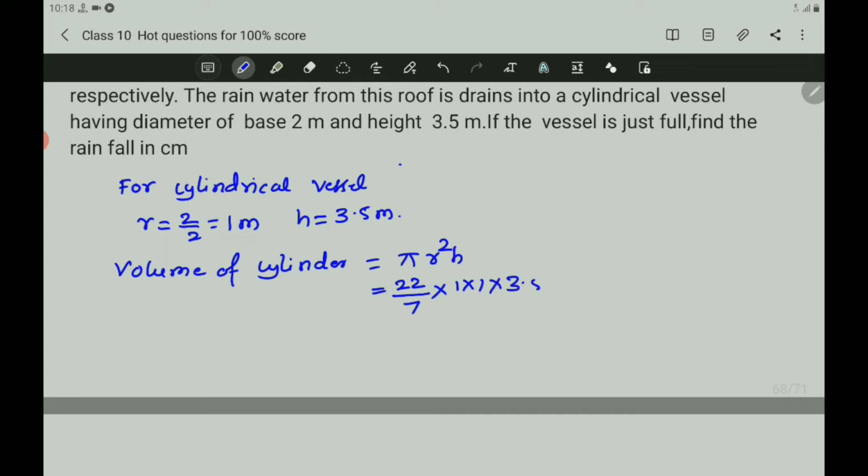H is 3.5. Then 7 ones are 7, 0.5s are, 22 into 1 into 1 is 1. Again into 0.5, you write 0.5. That is in meter, so you can write meter cube.